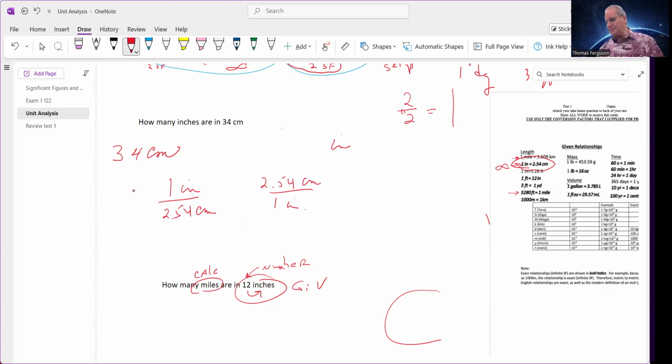So which one of these are we going to use? What has to cancel? Always. The centimeters. It's a given. So that means centimeters needs to be on the bottom to cancel. If on the top, it won't cancel. So that means we're going to use this guy here.